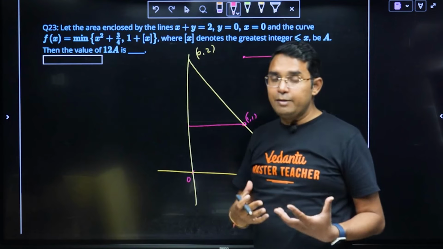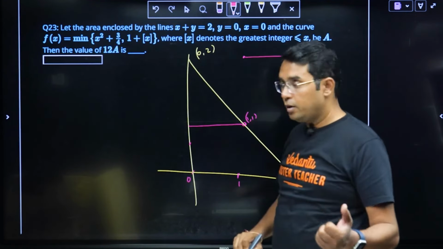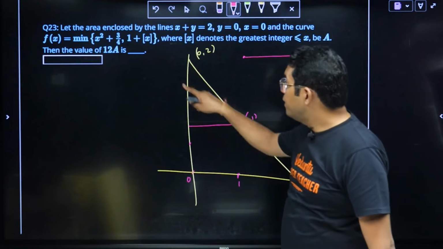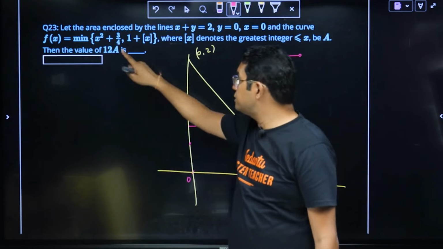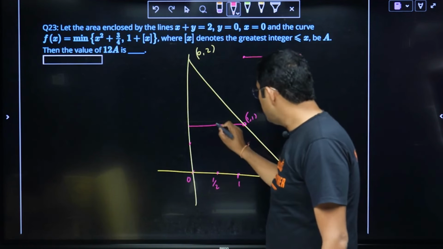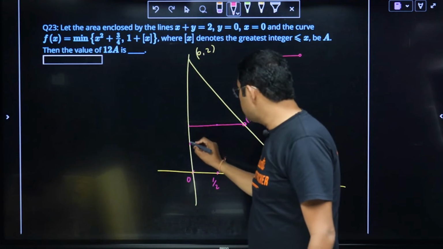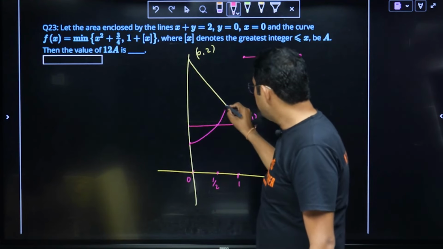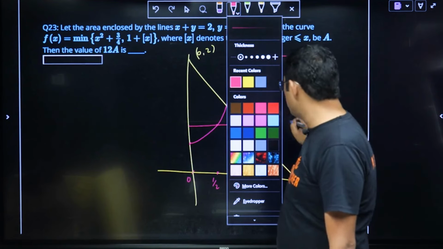Whereas x square plus 3 by 4 is an upward parabola, value at 0 will be 3 by 4. At x equal to 1 by 2 you can check its value is 1, and 1 by 2 is here. So this will be intersecting this graph here, something like this.